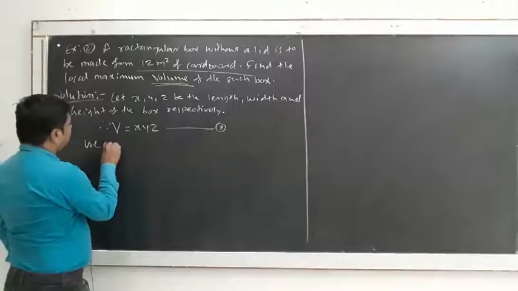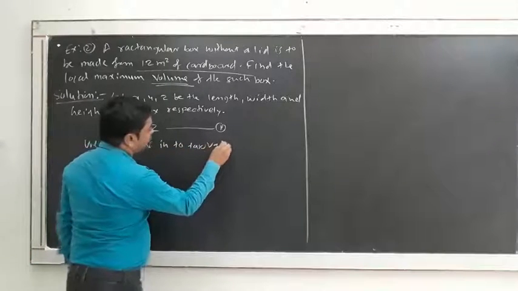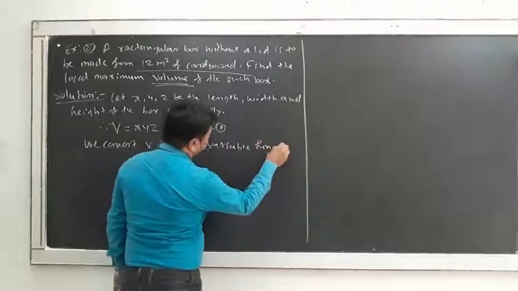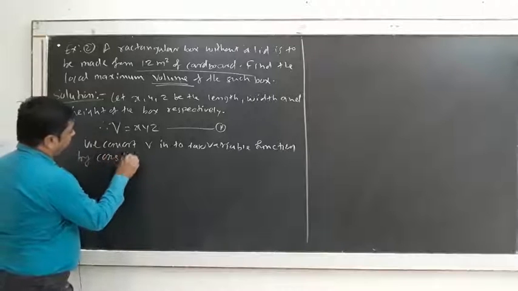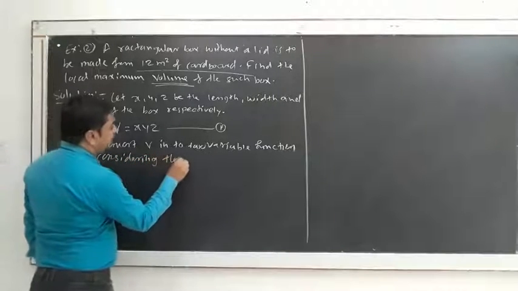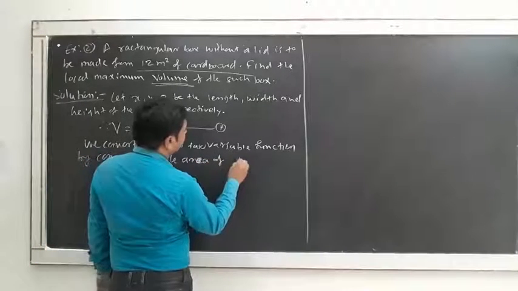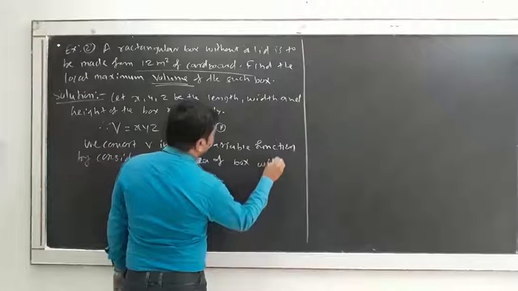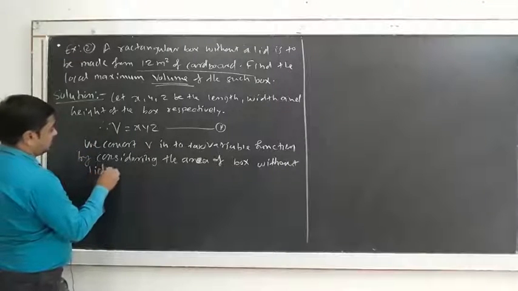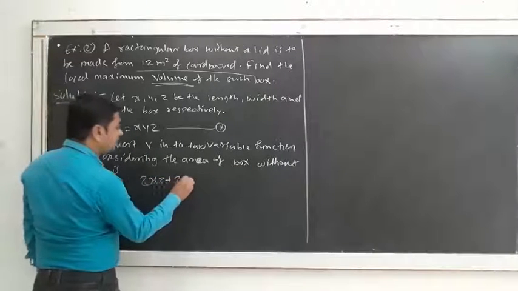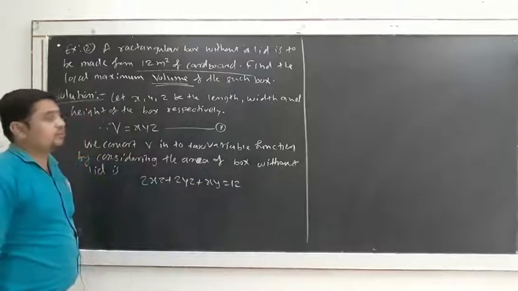So we convert V into 2 variable function by considering the area of a box without lid. 2xz plus 2yz plus xy, it is equal to 12.